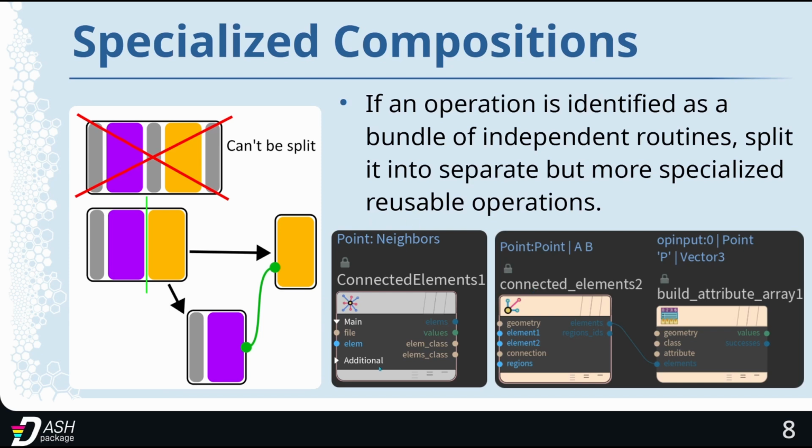And so, for example, here, this is the Orbit connected elements, and this is the Dash connected elements, here delegating its elements to the build attribute array, and this will source the values that I had previously included in this single HDA. And this build attribute array can be used with other lists, other arrays of elements, not just for the connected elements, right? So this is an example of the kind of mindset that will go through the project.